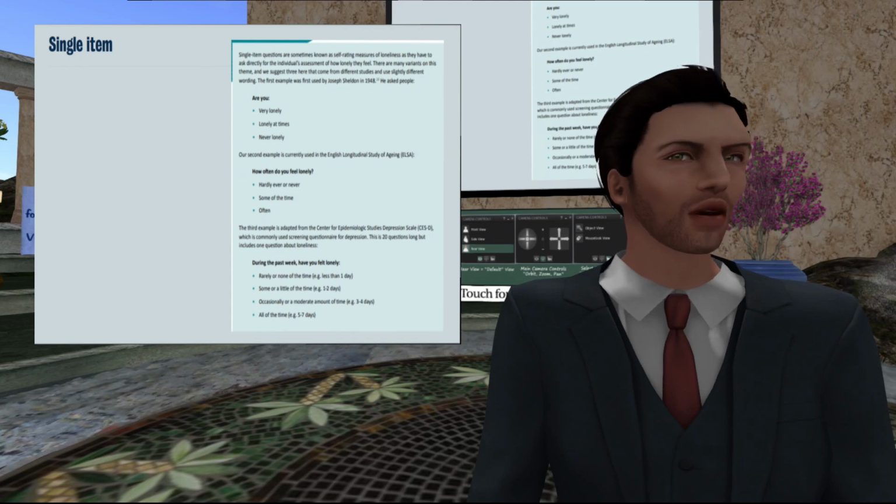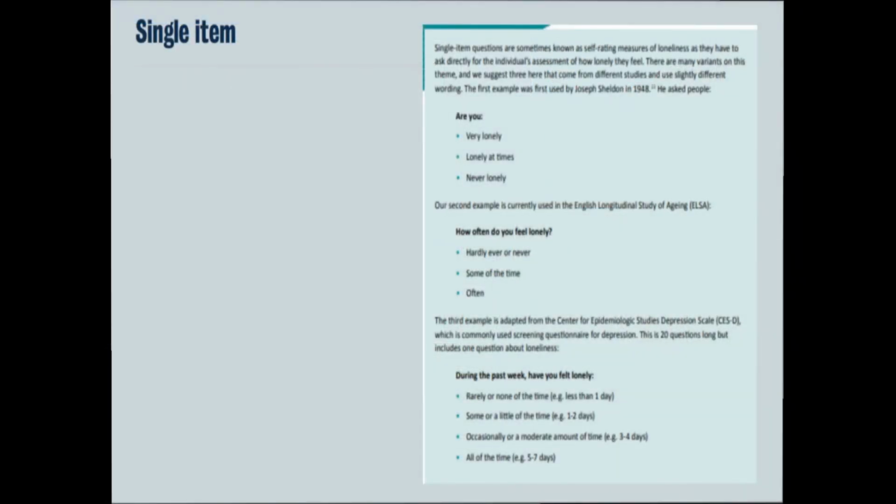The single item, I quite like it because it is: are you very lonely, lonely at times, or never lonely? Another example is, how often do you feel lonely? Hardly ever, some of the time, often. Or including very specific, in the past week, have you ever felt lonely?